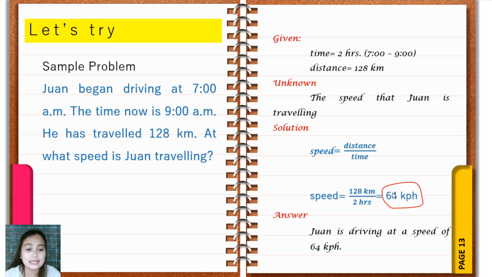The answer is 64. Will you answer just 64? No. You will use the unit, which is kph. 64 kph or kilometers per hour. So the answer is Juan is driving at the speed of 64 kilometers per hour.